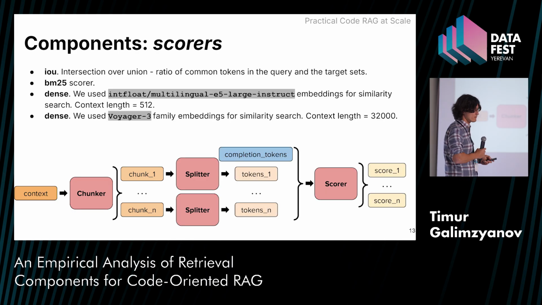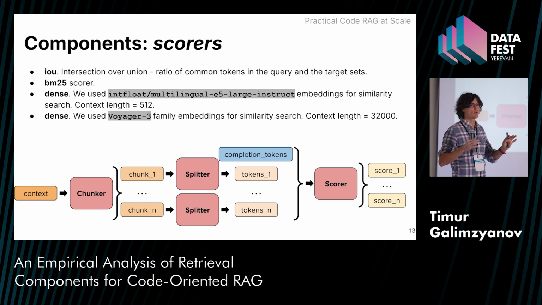For the splitter, you can split your chunks into BPE tokens, lines, or whole words. And then after that, you would like to score the chunks against the completion and your query. We benchmarked three types of scores. First, the simplest one is intersection over union.